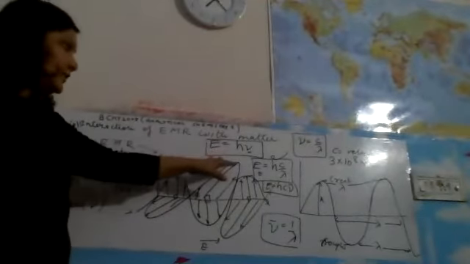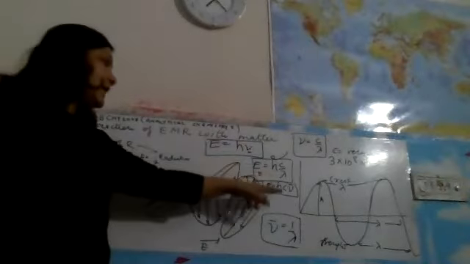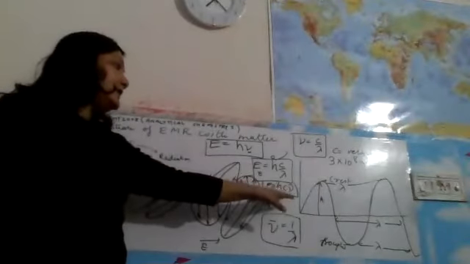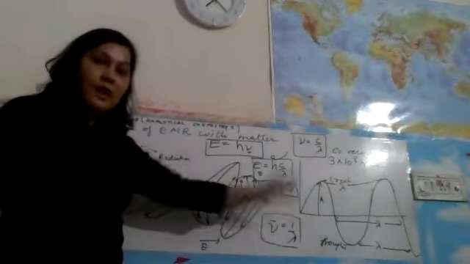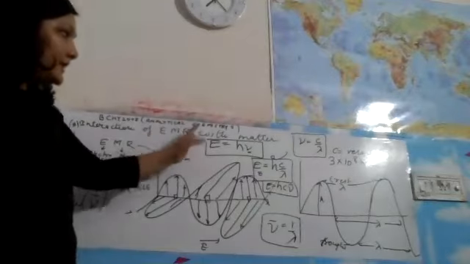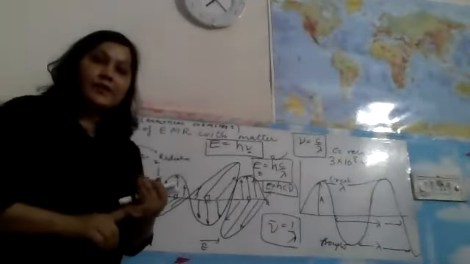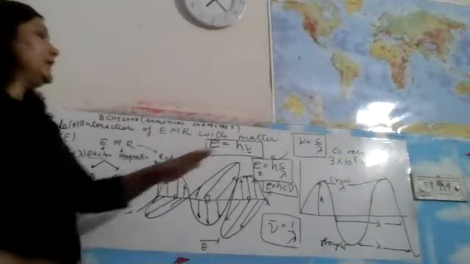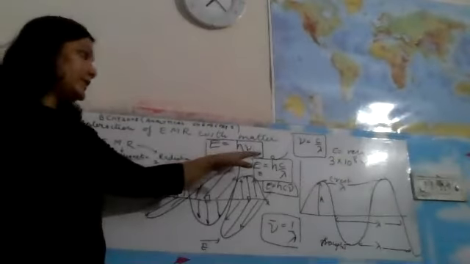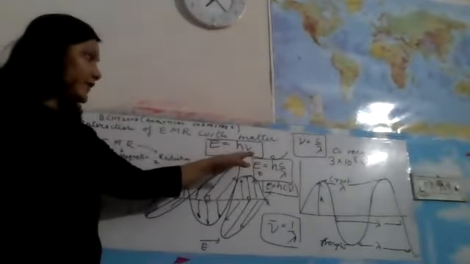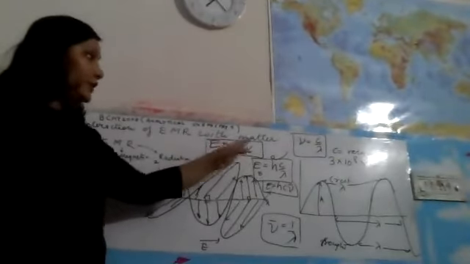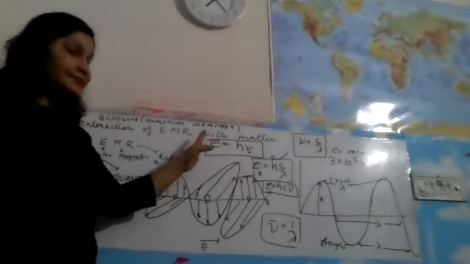Now we have got three equations of energy: E is equal to h nu, E is equal to hc by lambda, or E is equal to hc nu bar. Now from this formula we can conclude that the energy of any electromagnetic radiation is directly proportional to its frequency. Higher the frequency, higher the energy. Lower the frequency, lower the energy.